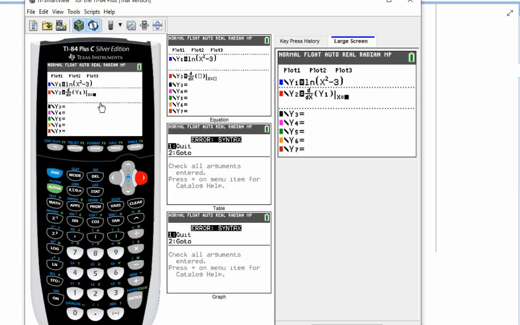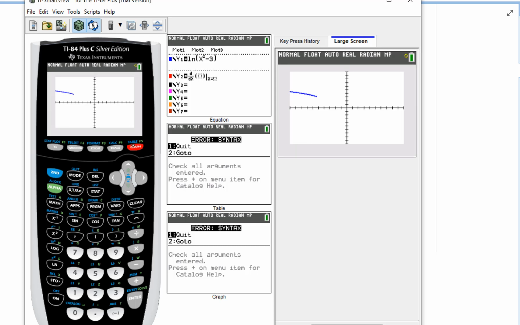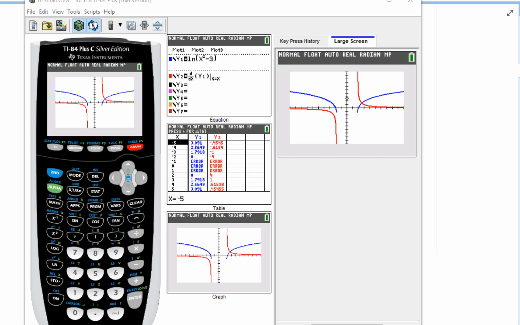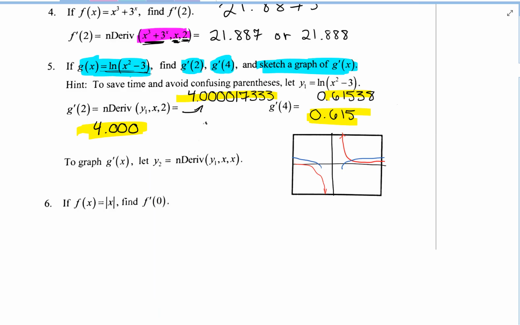When x is equal to, well, I want to know for all x's. So even though you can't do this in the home screen, you can do it graphically and just plug in the variable x. Now we will graph it. The graph of the derivative is here in red. And there I have a little sketch of it.